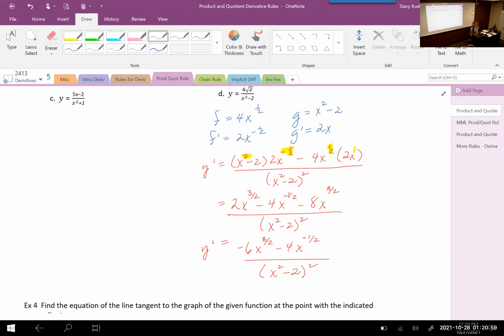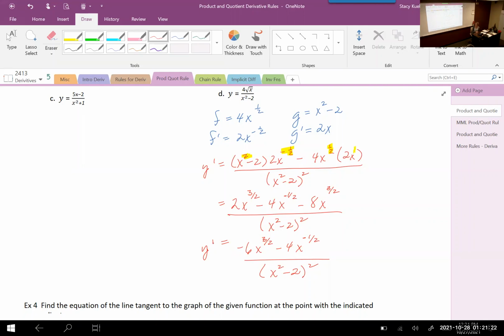I don't really need to change this back to radical form. Check your homework to see if they want you to not leave your answers with negative exponents or rational exponents. Then that's when you know to change it back to radical form.